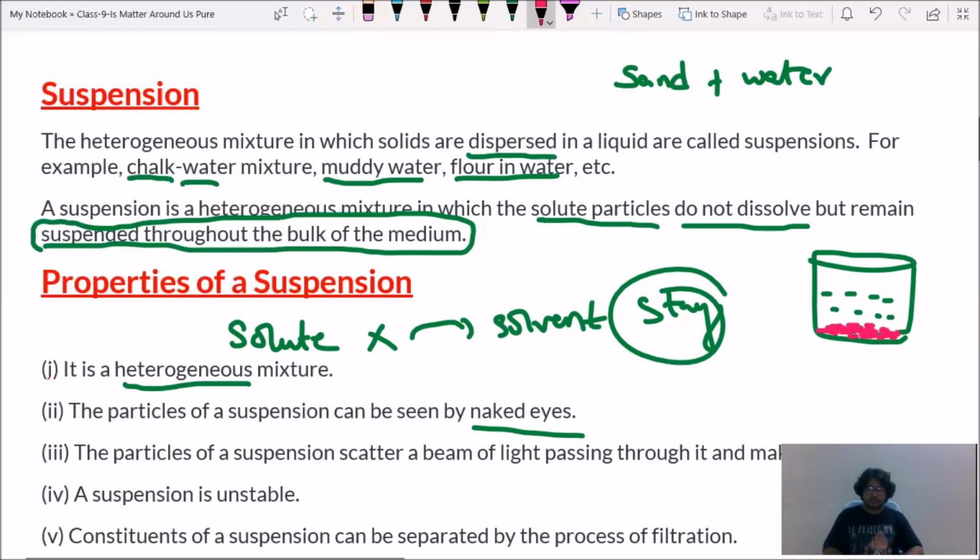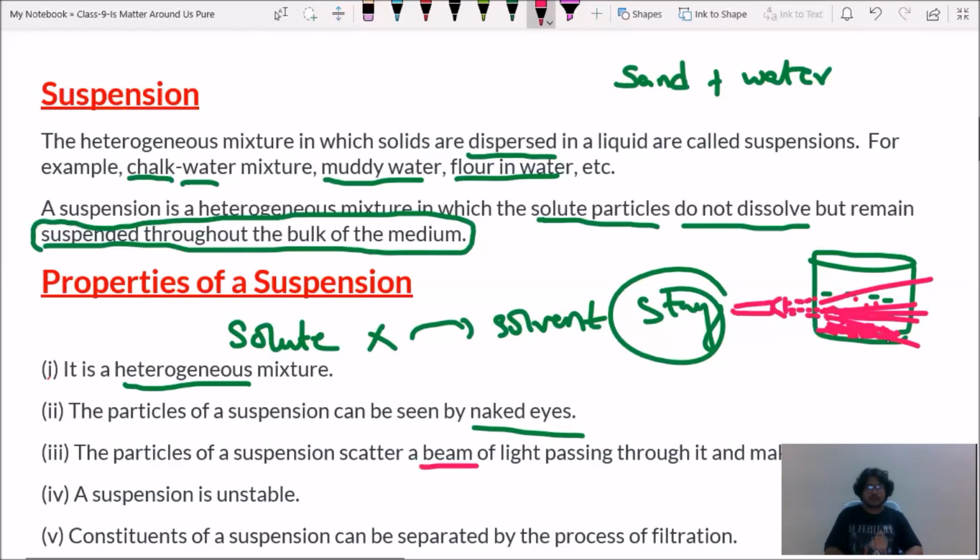Next, the particles of suspensions scatter a beam of light passing through it and make its path visible. So if you take any torch light and project light, that light will pass through the solution. Because of these suspension particles, that light will be scattered and you can observe the beam of light.